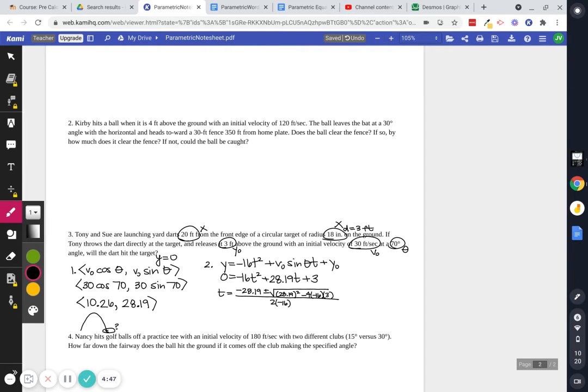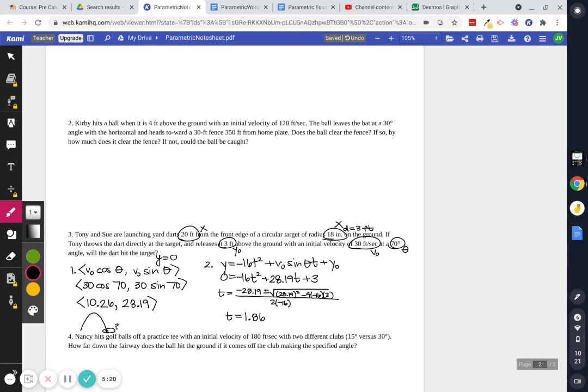Hopefully it's a little bit your jam too. We would punch all that into a calculator, and we get the same thing. It actually gives us both answers because of the plus or minus. But the moral of the story is, in order to get back to the ground, it takes us 1.86 seconds.